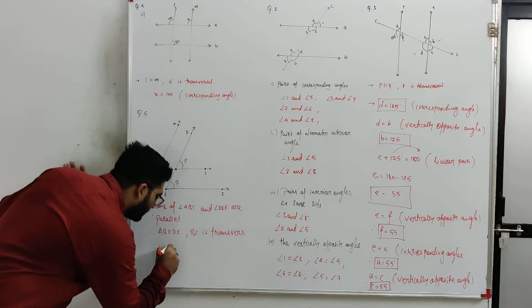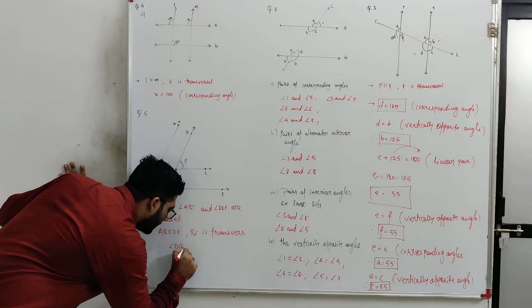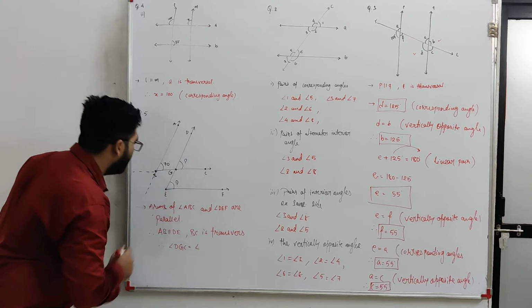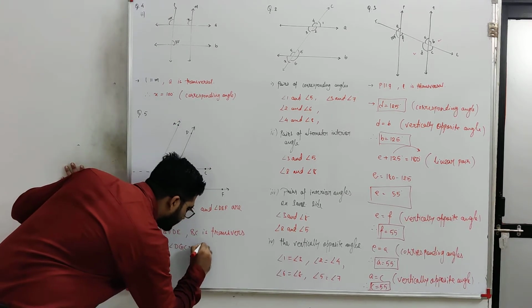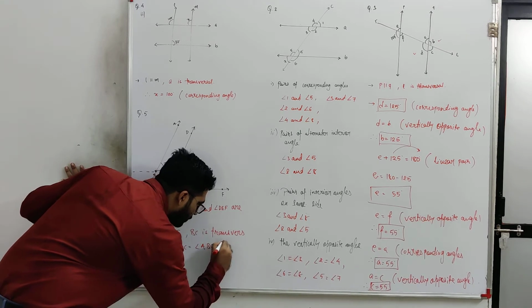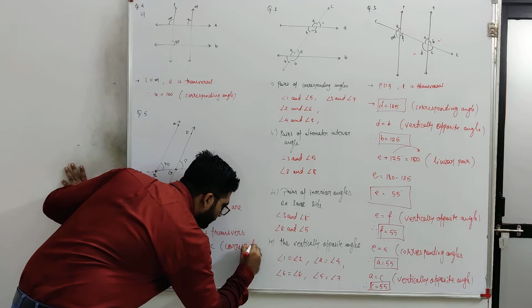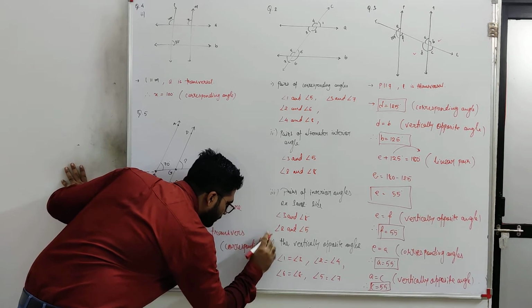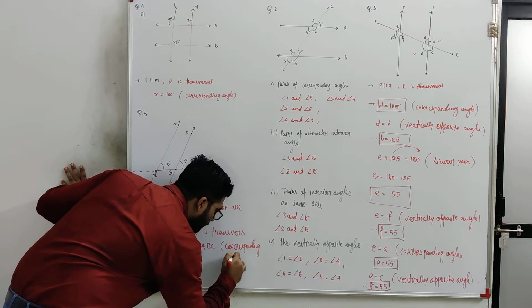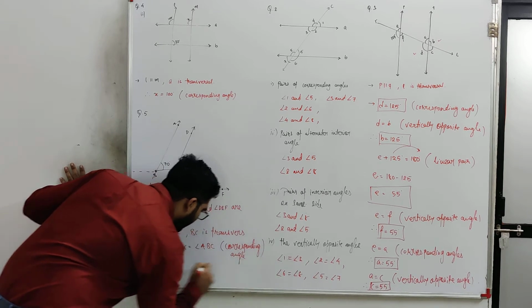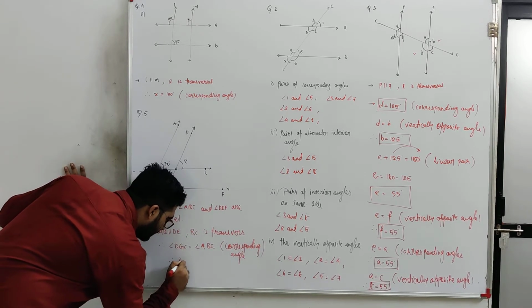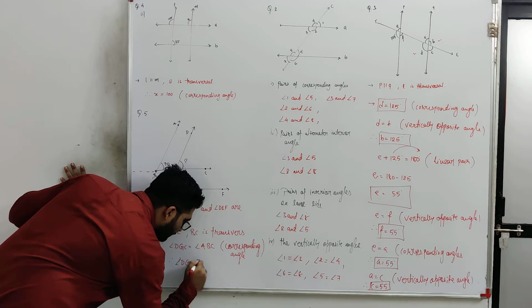So here I am writing like this. Angle BGC is equal to angle ABC. Why? Because of corresponding angles. Therefore, angle BGC is equal to 70.